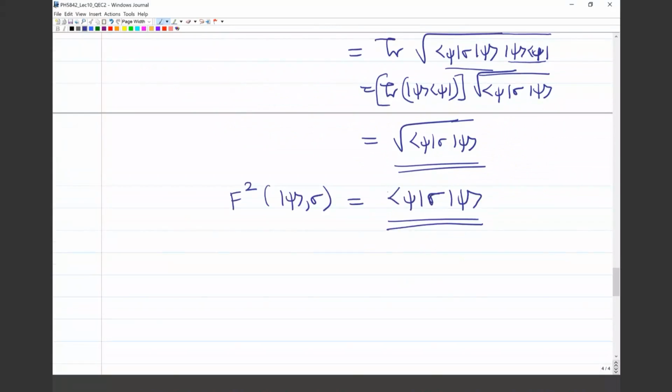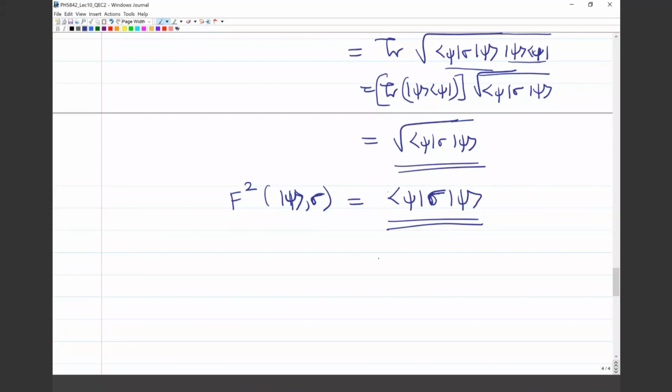So this itself should make intuitive sense. You're asking how close this initial pure state is. So we come back to the error correction scenario, where the initial state is a pure state psi and the final state is a mixed state sigma. And this is the case that's going to be most relevant to us. So I can rewrite this, in fact. I've now taken the square of this to get rid of this pesky square root out here.